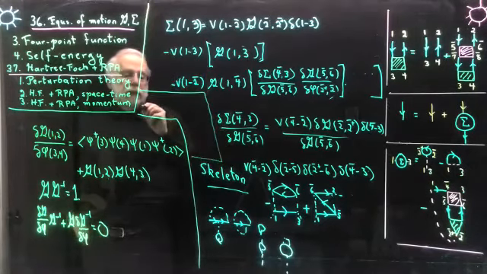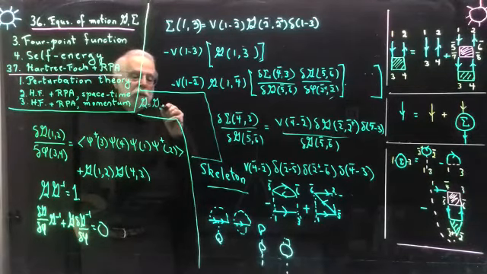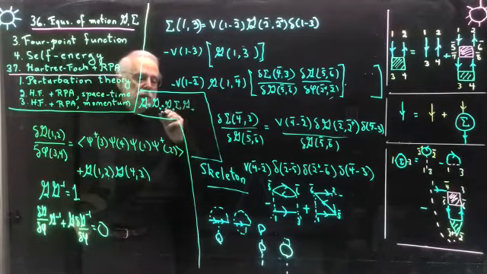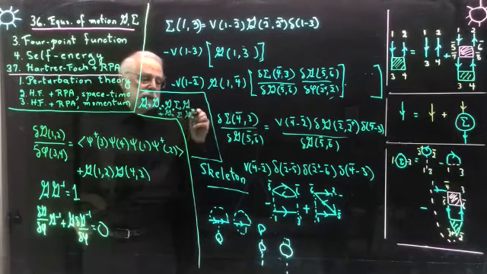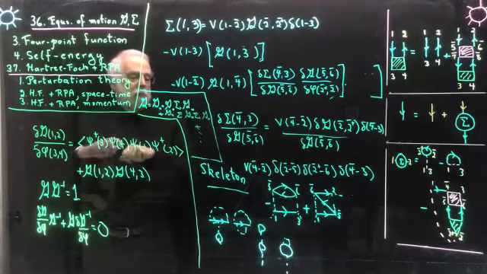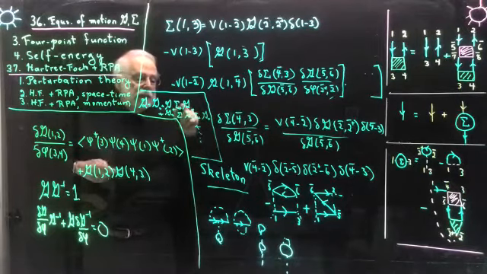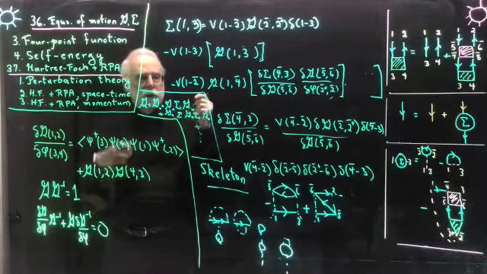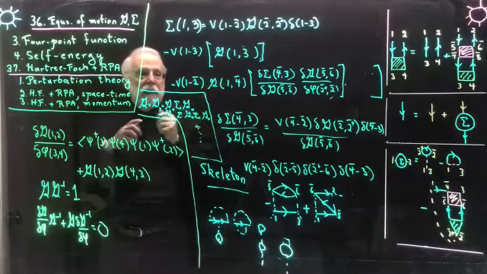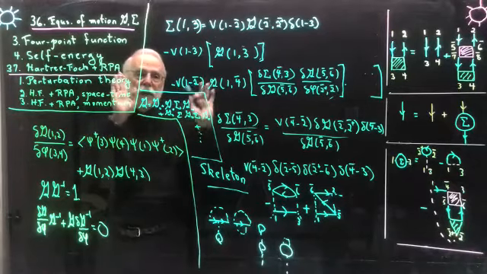So this G is equal to G0 plus G0 sigma G0 plus G0 sigma G0 sigma G0 plus etc. And you know, this sigma itself is either first, second, or third order. It becomes a mess to follow all of this, but in principle, you can do it order by order.